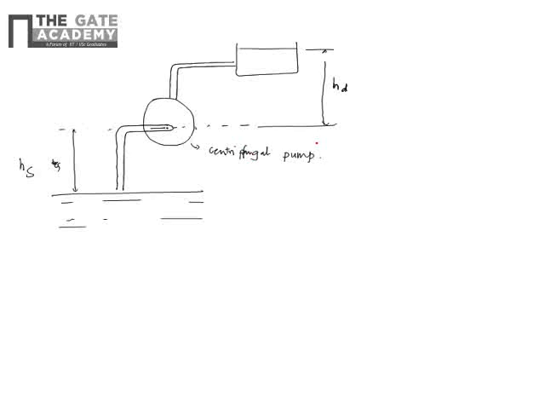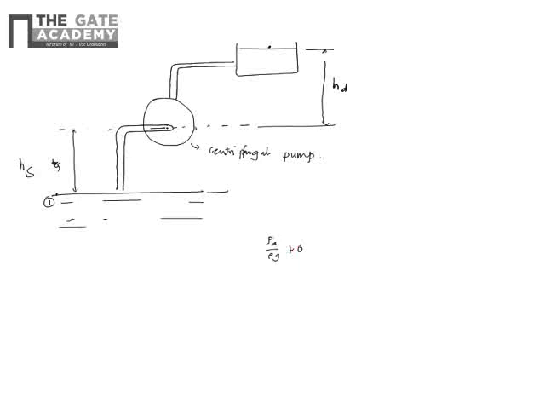Okay, so now if I write the energy balance equation between the suction point and the delivery point. If I take this as the reference, the pressure is atmospheric, PA by rho g. The velocity is 0 because it's a very large reservoir.